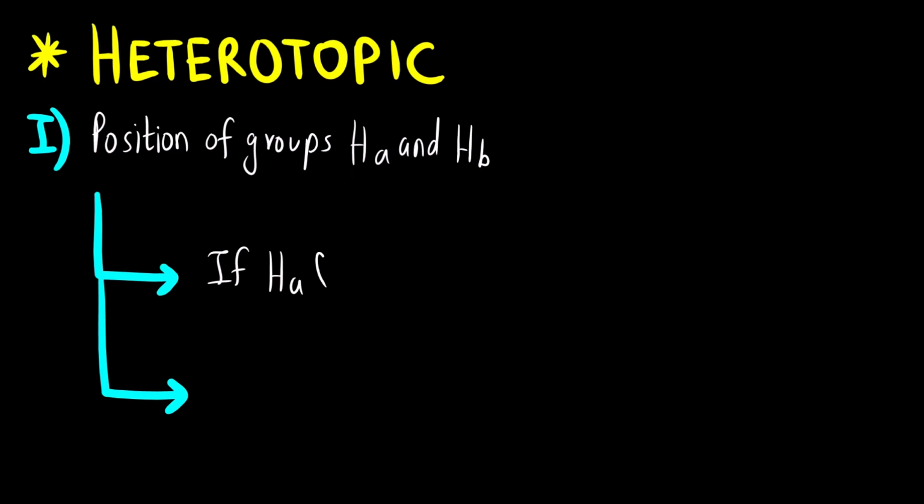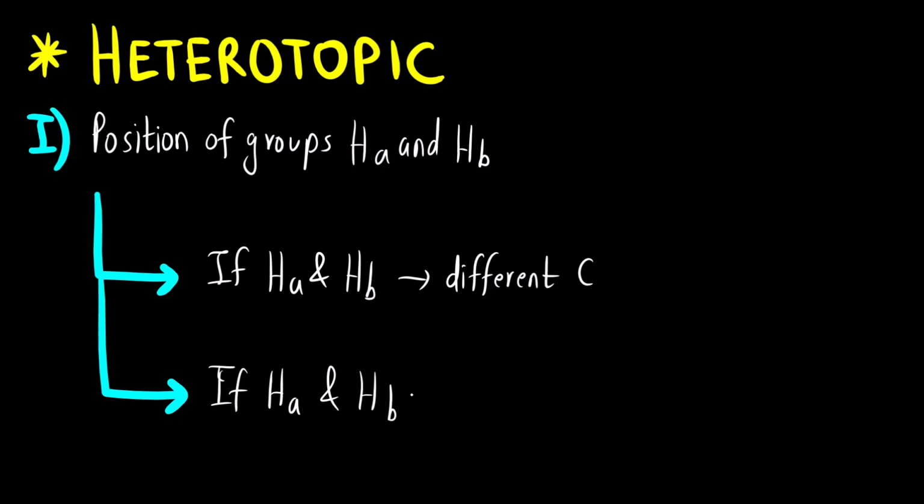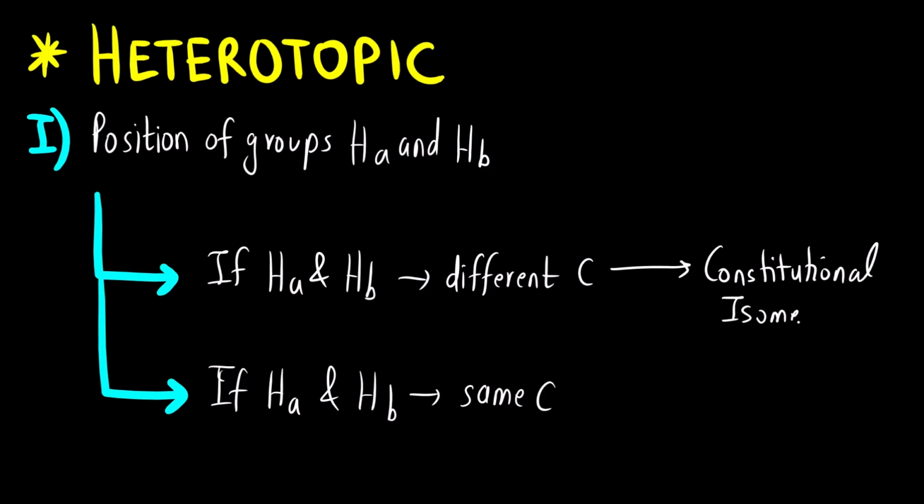One case is they are present at different carbons. The second case is if HA and HB are present at the same carbon, or same position. If they are present at different carbons, the relation between them will be constitutional isomers. What is the meaning of constitutional isomers? The bond connectivity is different.